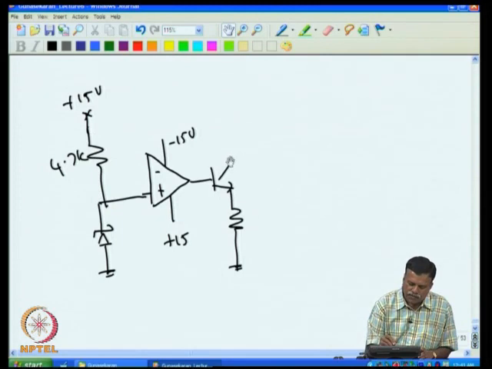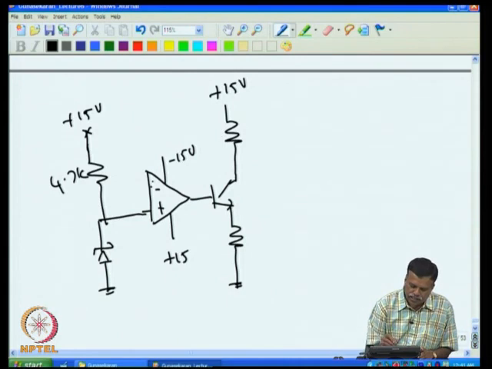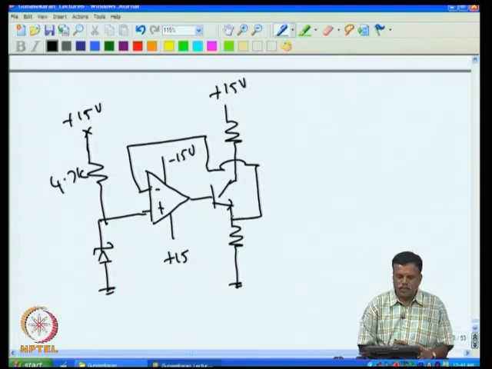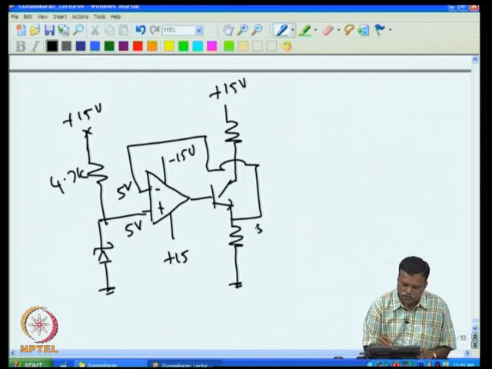Now what I do, I take this and connect it to plus 15 volt, and then I connect this point, instead of connecting it there, to this point. Because if this is hitting at 5, and this also has to come at 5, that means the voltage across this is always 5, that is equal to Vz. So the voltage across this is 5 volt, that is equal to Vz.